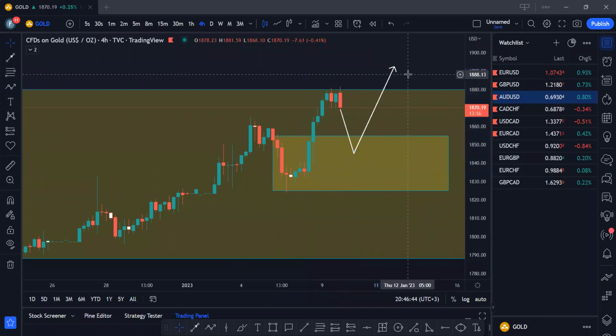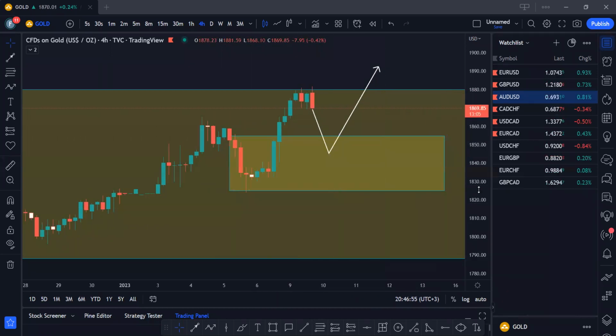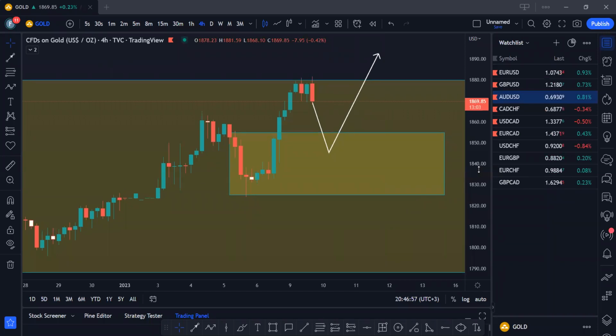But there's a warning as regards trading demand and supply. Like I always tell you, you are not the only person that knows that this is a demand level. So a lot of people, retail traders, smart money, will also be actively trying to buy when price gets into this level.